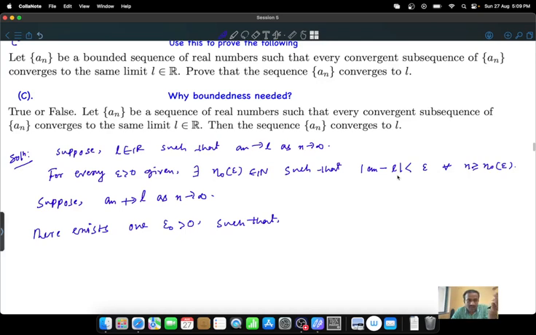So I am repeating again, if this has to fail, then you will not be able to find any natural number such that these things hold. The second one, mod n minus these things, holds.